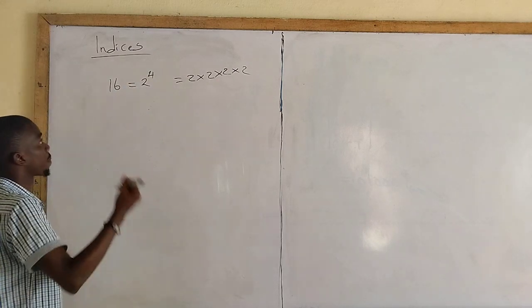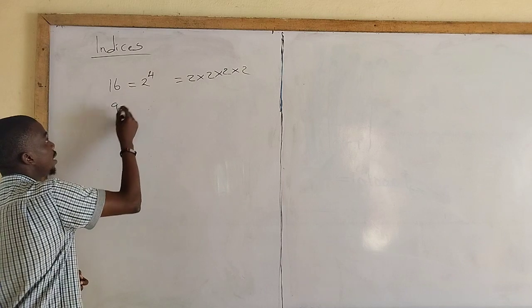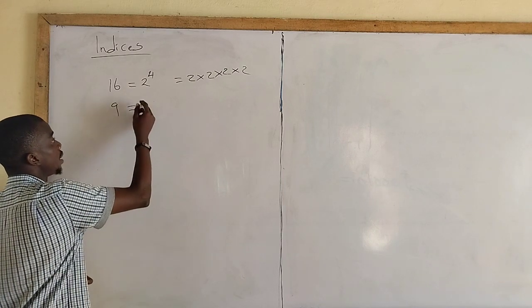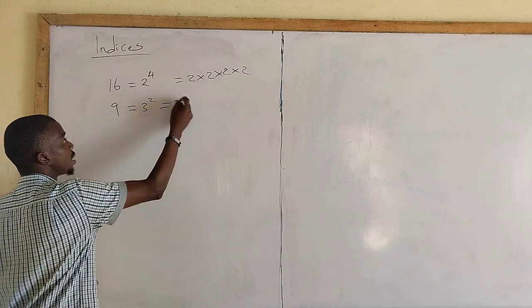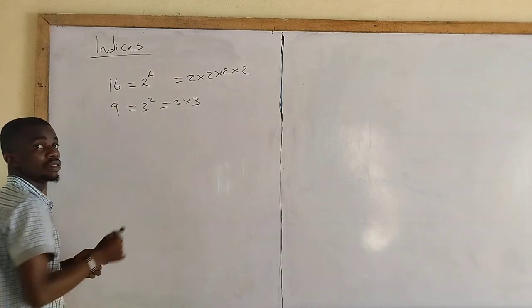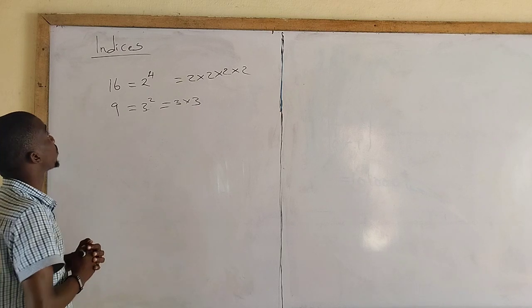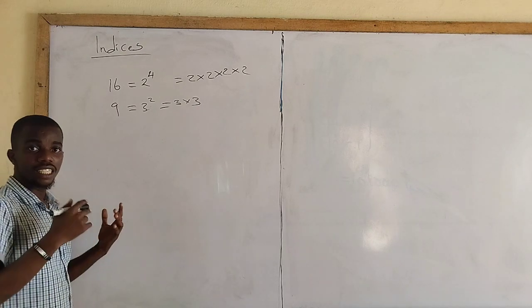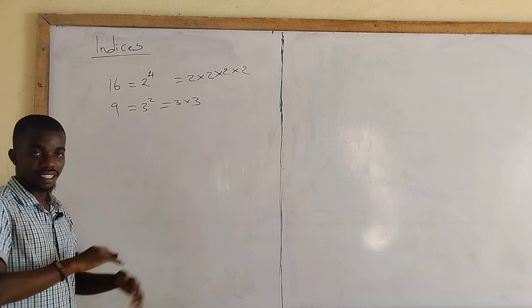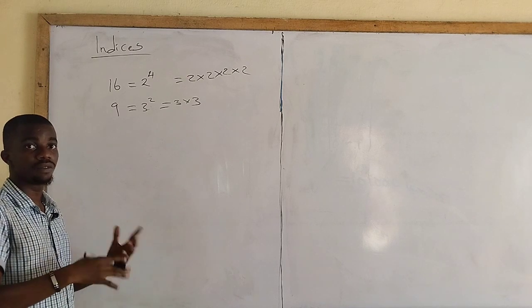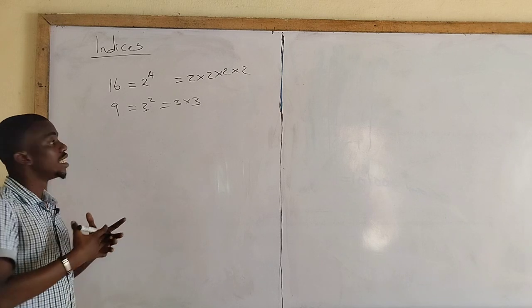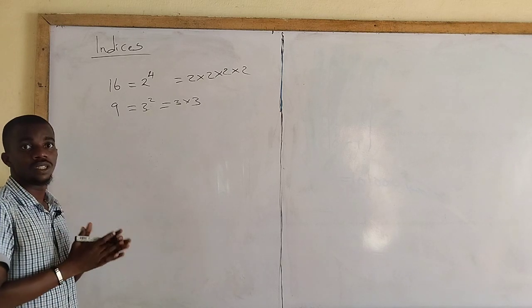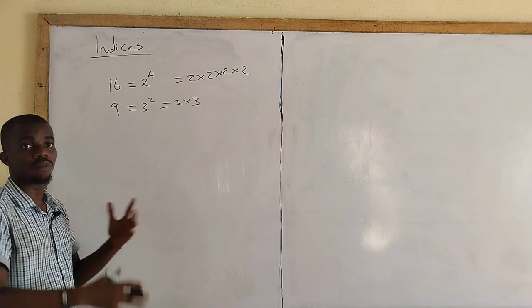The index of 9 is 3 raised to the power of 2, because 3 raised to the power of 2 is 3 times 3, which is equal to 9. So indices, in a very simple form, is just the branch of maths that deals with the solution of powers.